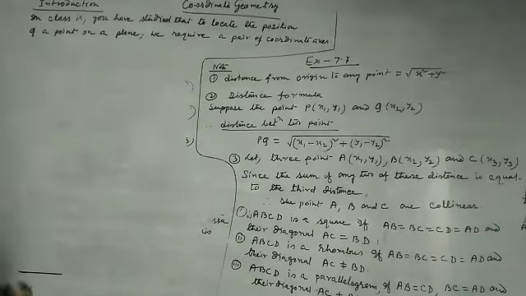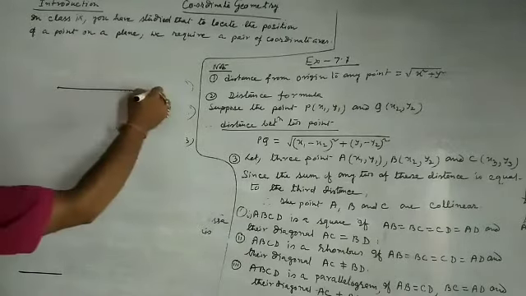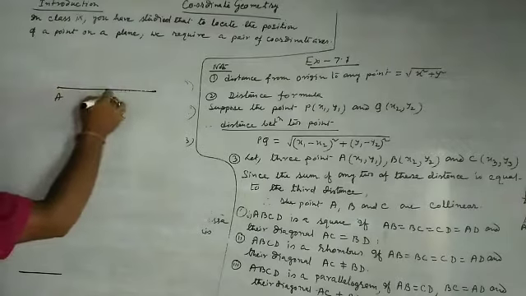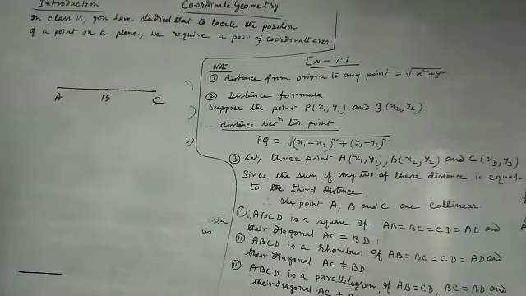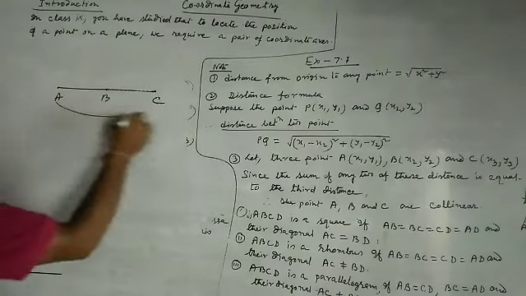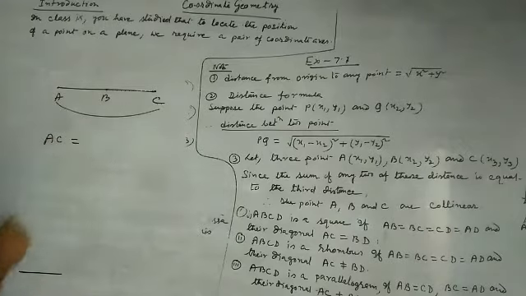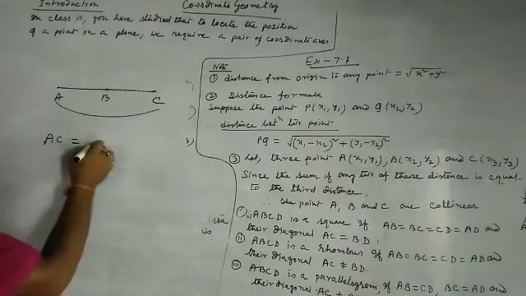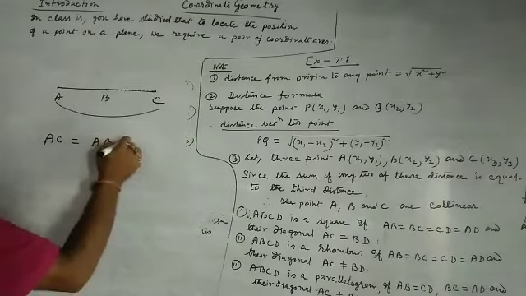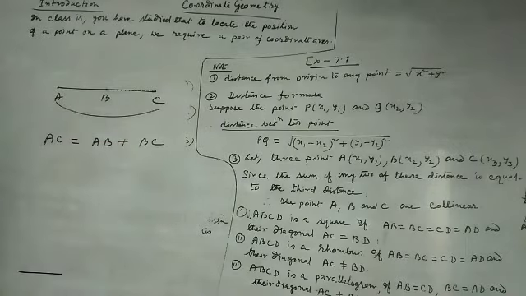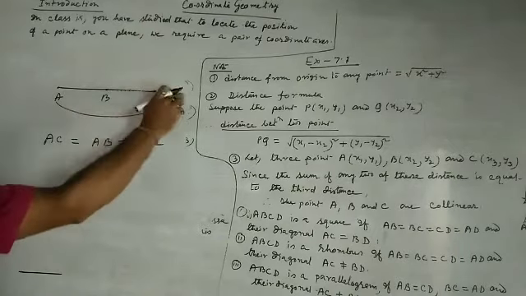Suppose three points A, B, C. Collinear means this: if the distance AC is equal to the sum of the distances AB plus BC, then the three points A, B, C are collinear.